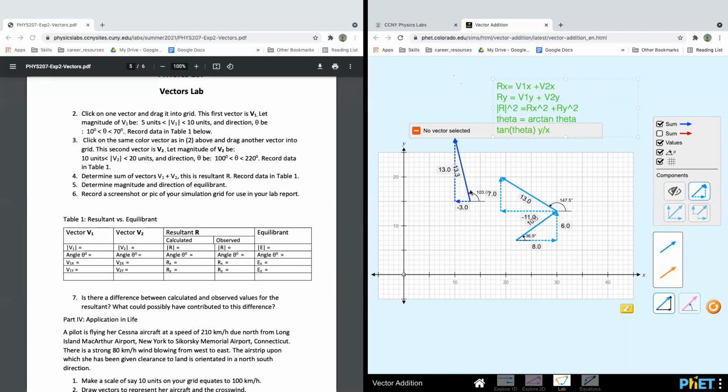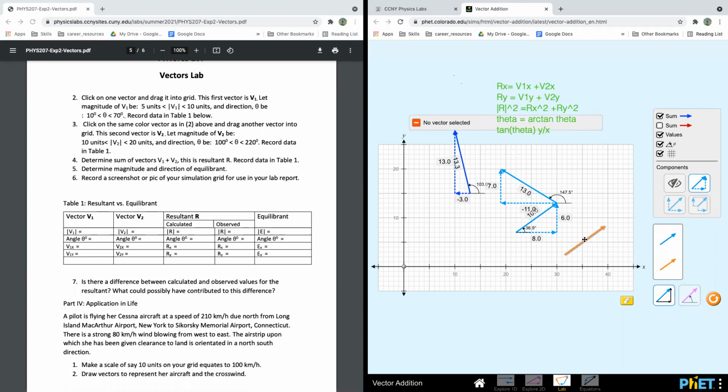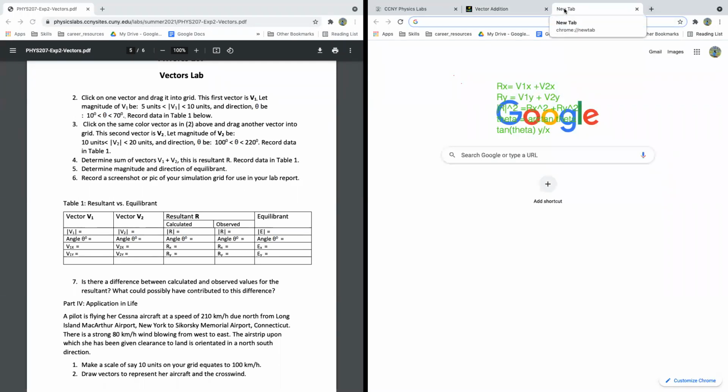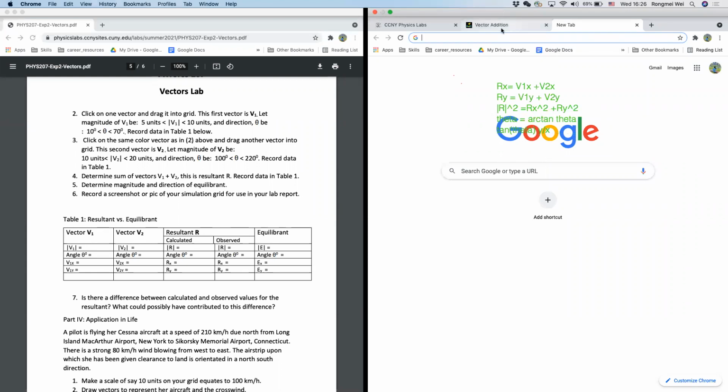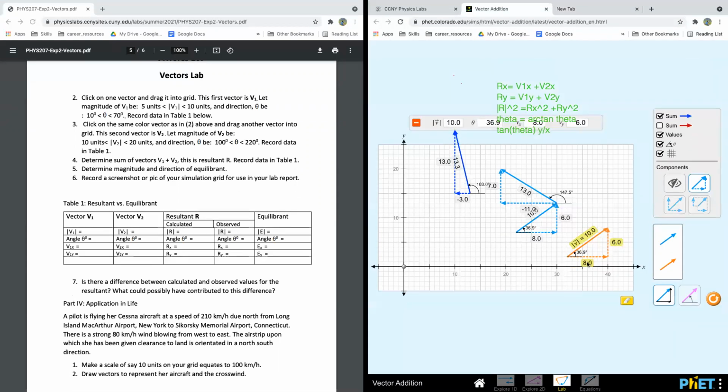So let's say, I'll give you another example here. This angle, let's call it theta. Tangent theta is y over x. So you can search arctangent. Here it is 6 divided by 8. How much is it?